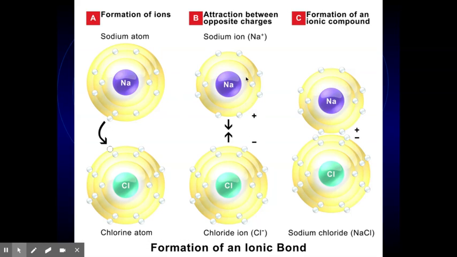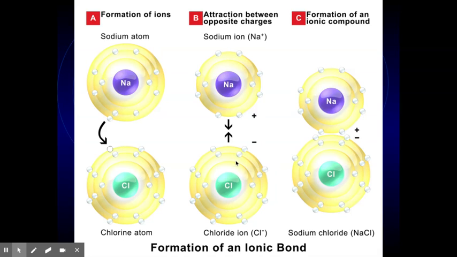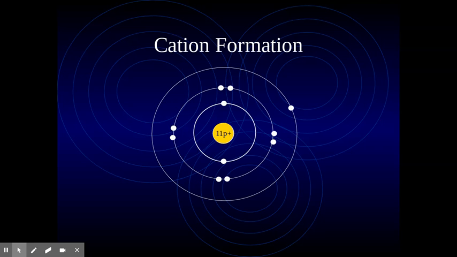Now sodium gets smaller because it shed that outer layer. Chlorine gets a little bit bigger because now it's poofed up a little bit. It's got an extra electron. Now they're held together because one's positive and one's got a negative charge and opposites attract. So now we have made an ionic compound, okay? We have a positive cation and a negative anion attracting one another. That's an ionic compound. More to come on that later.